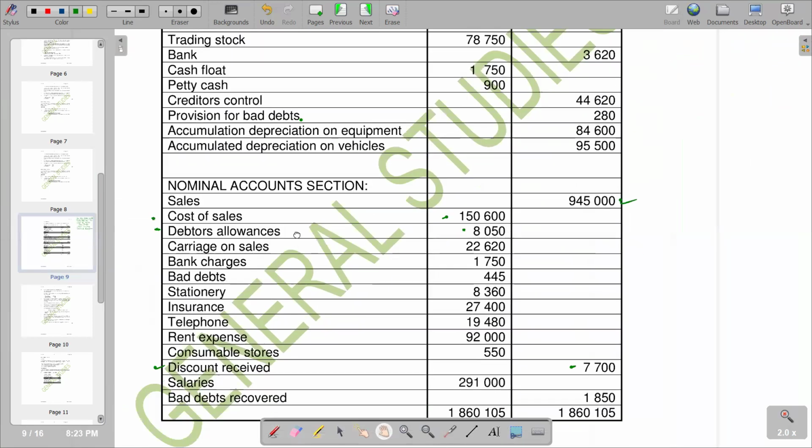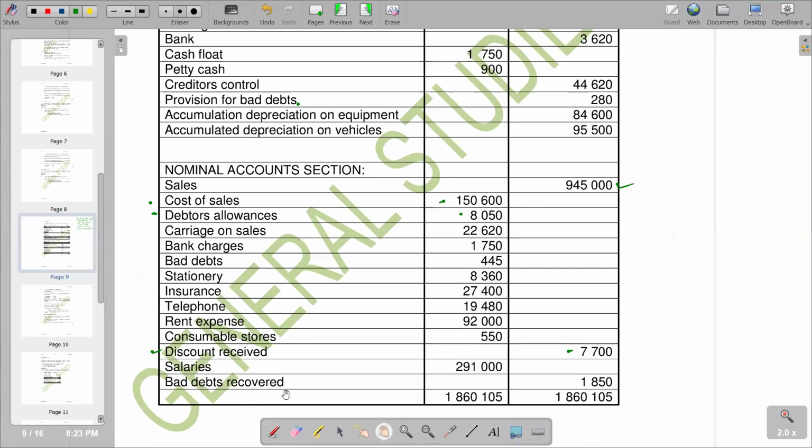After discount received, you see that we've got bad debts recovered, which is also an income on the credit side, of 1,850. So we've got bad debts recovered 1,850.